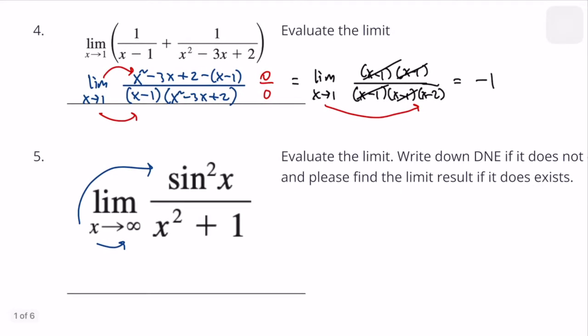Okay, probably we can do the sine x squared will be equal to, or we can make some inequality first with sine.